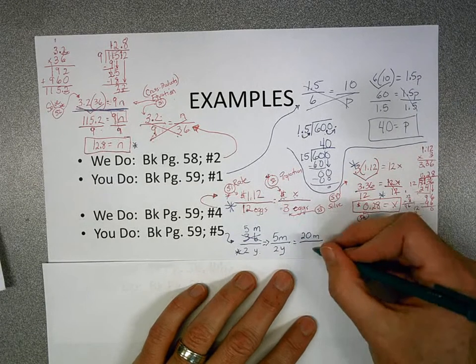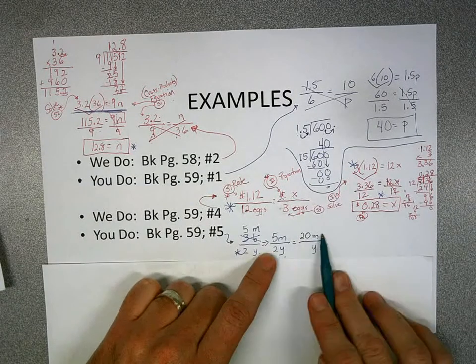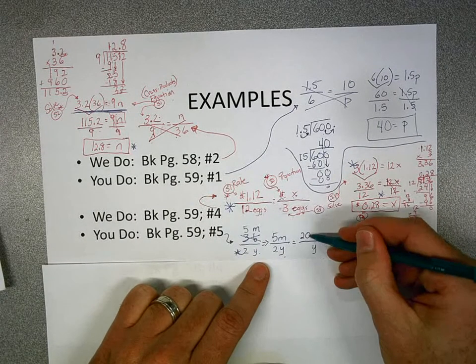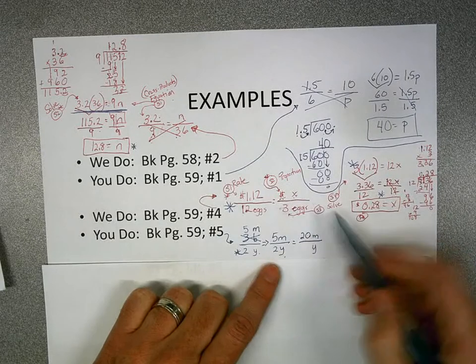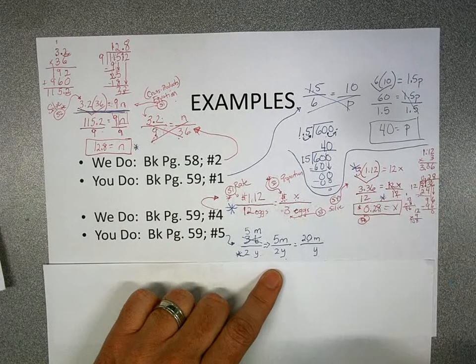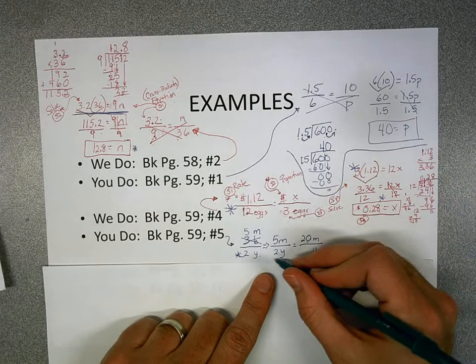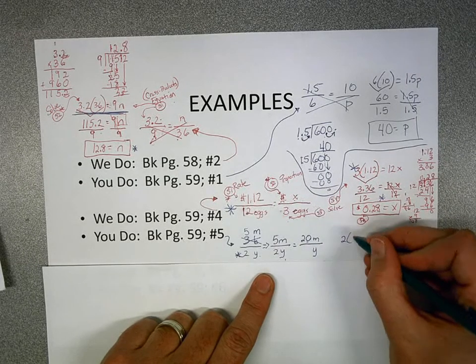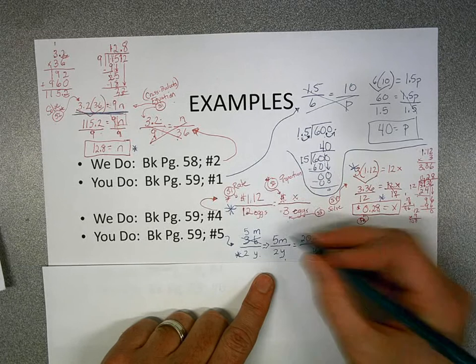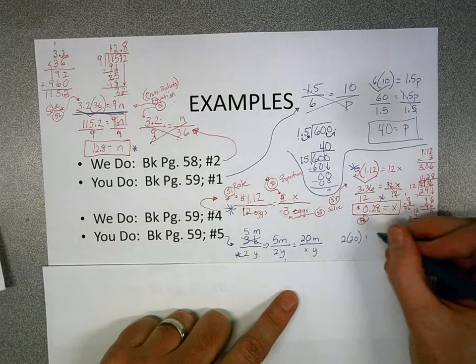So we write our rate. I have my mixture on top, my yellow on the bottom. Look at my 20 ounces of the mixture goes on top. I just did step 3. Now step 4 is I'm going to solve. So 2 times 20 is the same as 5 times x.